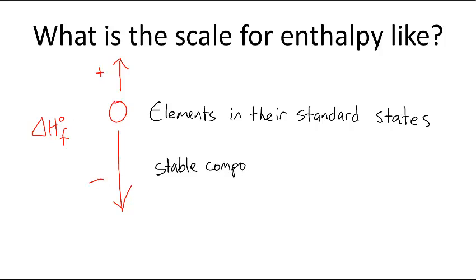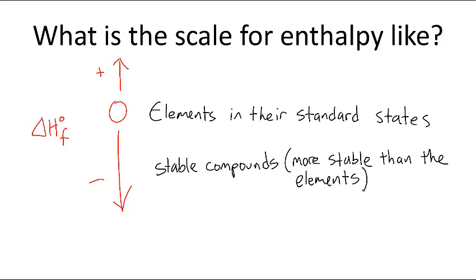Or at least more stable than the elements that make them up. So things like H2O, CO2, NaCl, etc. Things that you know of that are really stable, they're found down there.